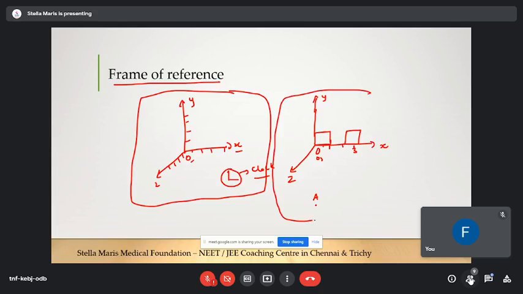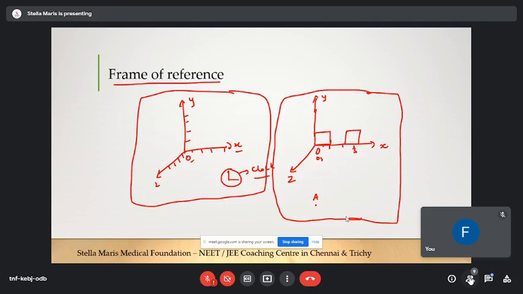Yes, very good, you are the frame of reference. According to you, or with respect to you, this is the reference point, right? And according to you, this object's x coordinate changes from here to here.